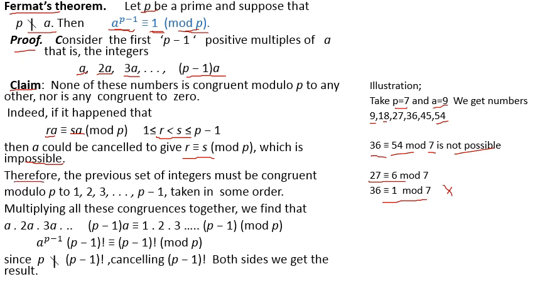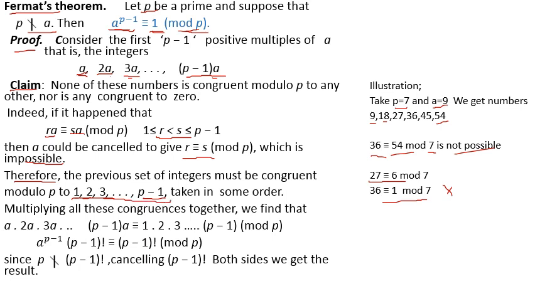That gives you the idea that these numbers A, 2A, 3A, etc., when you divide by P, they will have to leave different remainders. What are the remainders? They may be among 1, 2, 3, up to P minus 1. So the P minus 1 multiples leave P minus 1 distinct remainders.